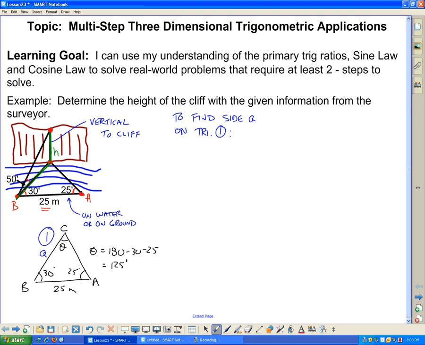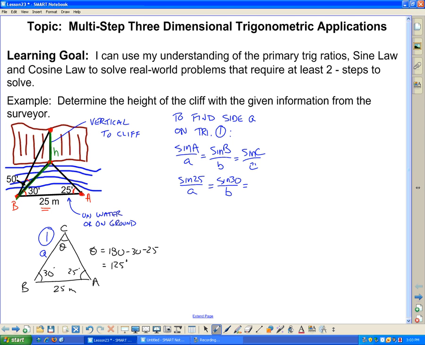So it's sine law. I know all three angles. Nothing's right angle. So sine A over A equals sine B over B equals sine C over C. So hopefully I know full information about one thing. So sine of 25 over side A, so that's what I want to find. Sine B, so sine of 30 over side B, don't know that length.